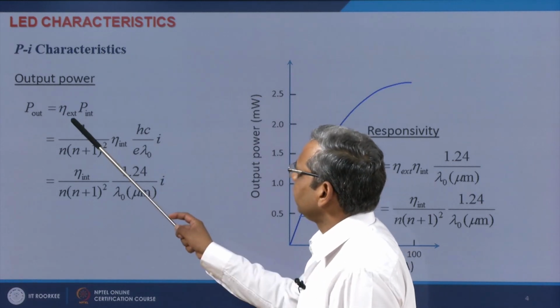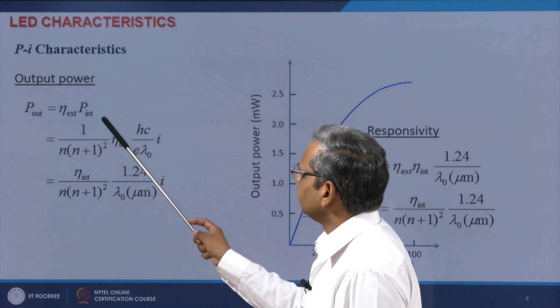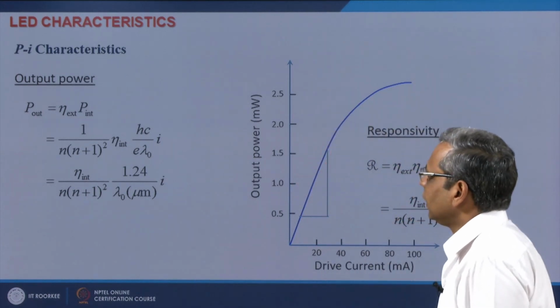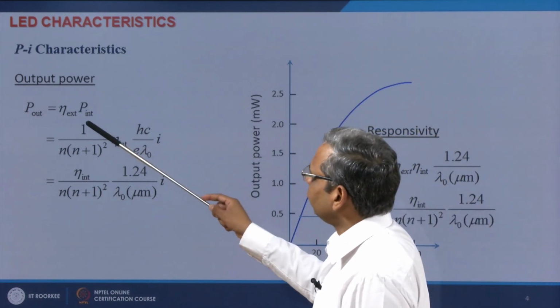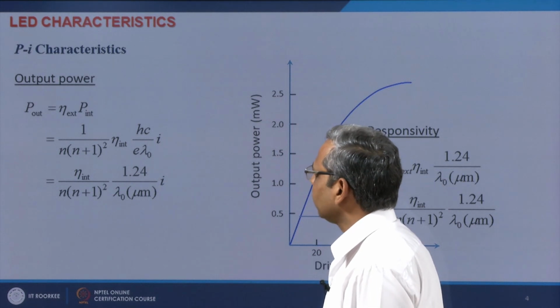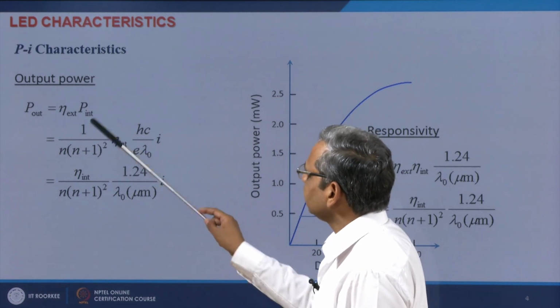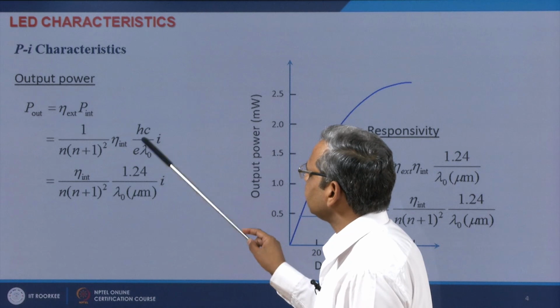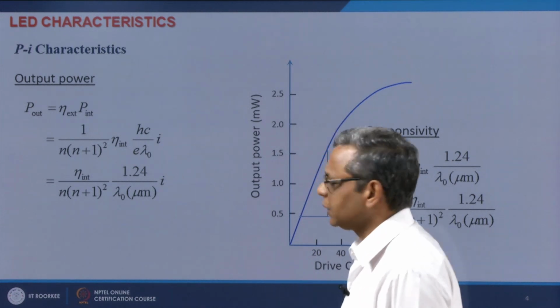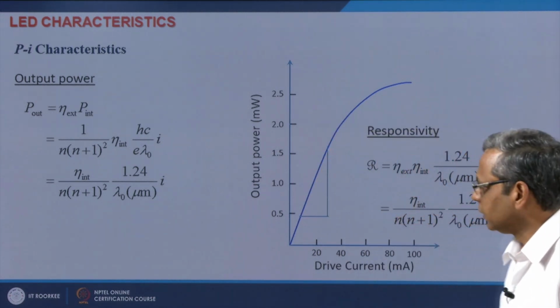I know output power is eta external times P internal, and eta external is 1 over n times (n plus 1) square. P internal is eta internal times Hc over E lambda naught I. This we had calculated in the last lecture.